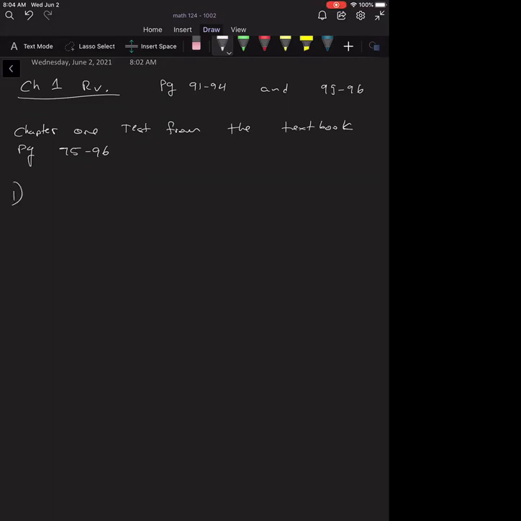Okay, so question number 1: we want to determine whether this point is a solution to the given equation. So determine if the point 1/2, 9/10 is a solution to 5y minus 4 is equal to x.